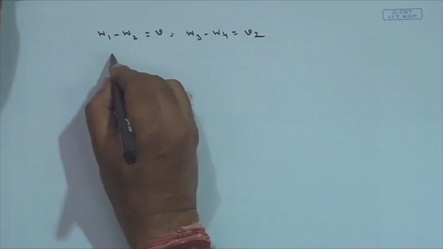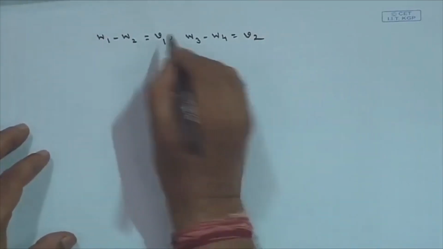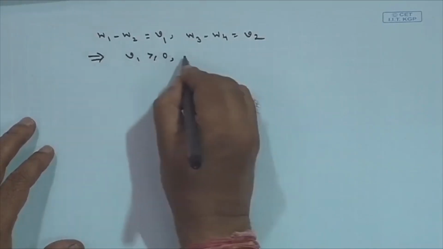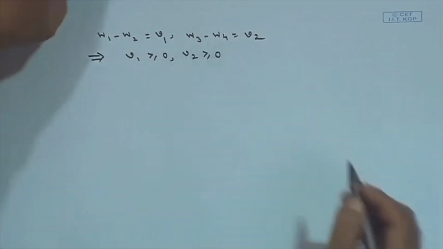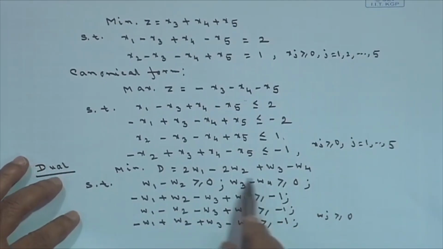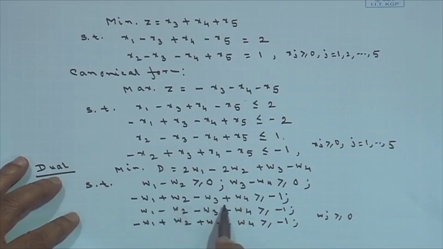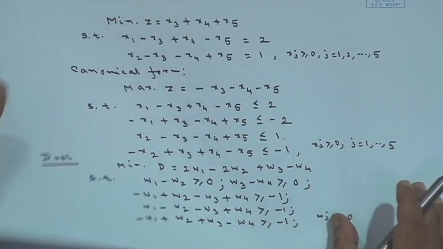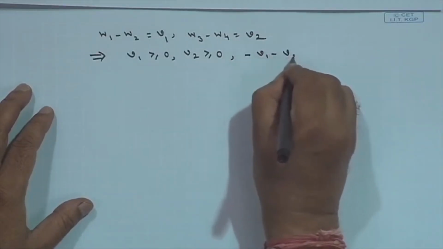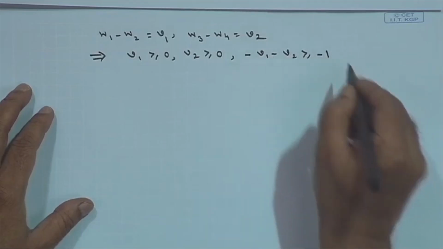So, from these constraints I can write down, this implies V1 greater than equals 0, V2 greater than equals 0. Similarly, the next one will be minus V1, if you take minus common, then it will be W3 minus W4. So, it will be minus V1 minus V2 greater than equals minus 1.